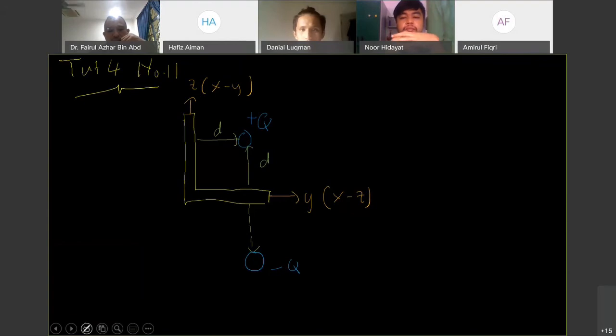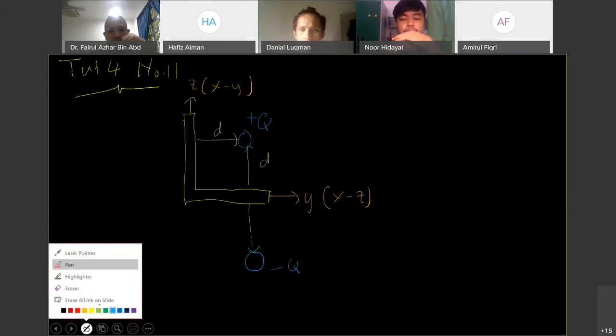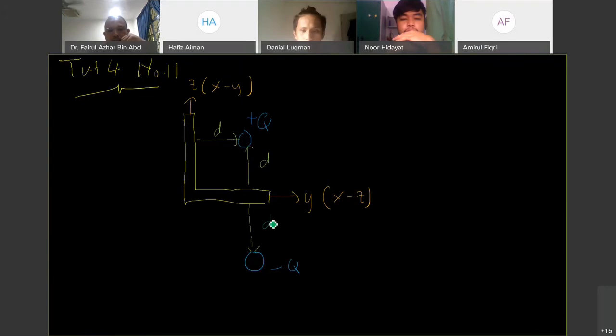We have the same distance here, d, and the polarity of this Q is opposite compared to the original one. So we have solved this plane.